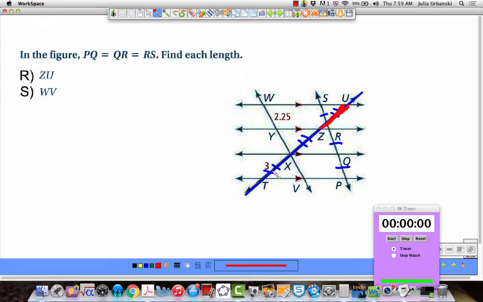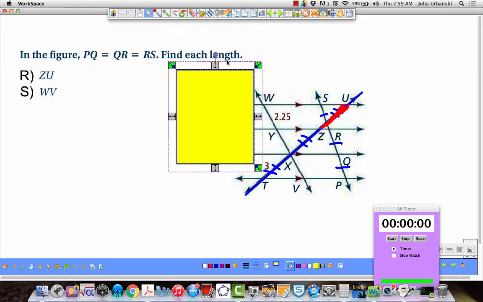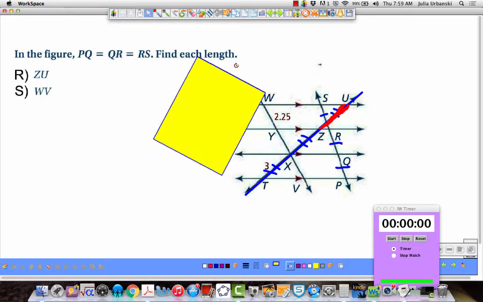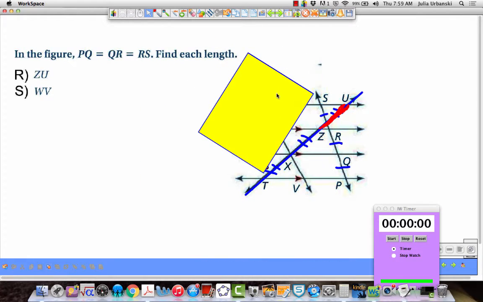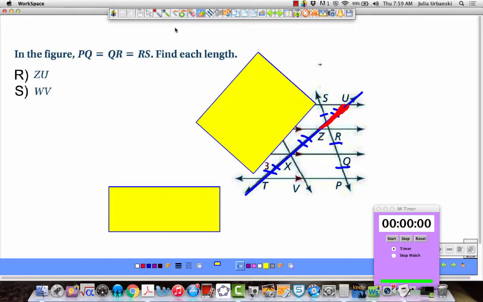Ignore this for a second. Ignore this part of the picture. And ignore the bottom part. And just focus on that transversal right there. Okay? And what number would it be equal to?